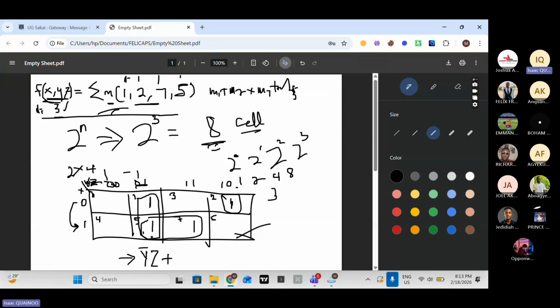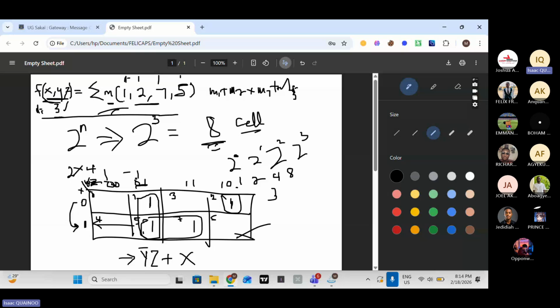Then you come to the next selected adjacent cells, okay? So this is 1 and 1. If you compare this with your x, you realize that the corresponding x value is also a 1, right? So we bring our x here. Now, if you take this and compare it to the upper fields, you realize that we have 0 and 1 and we have 1 and 1 here, right?